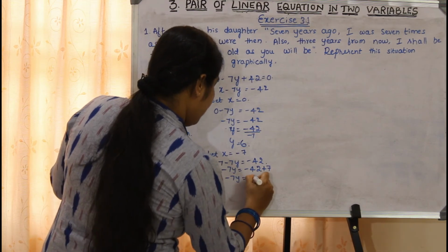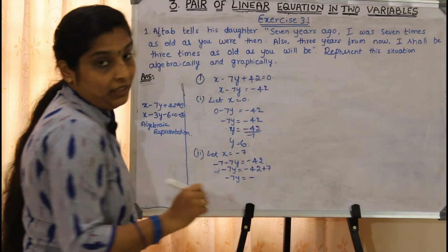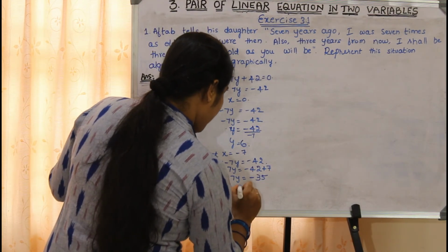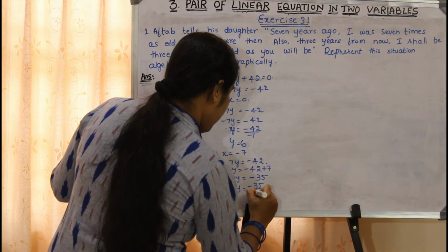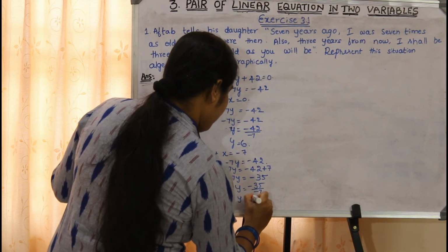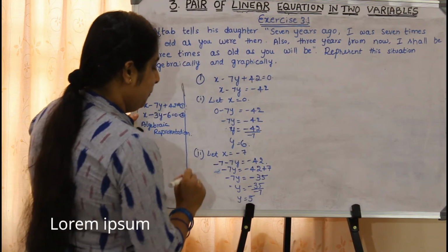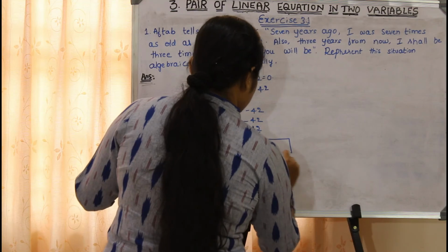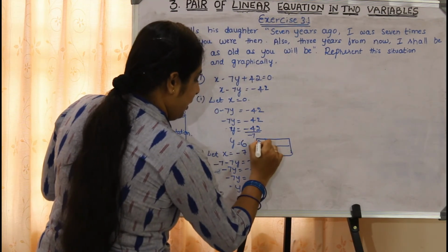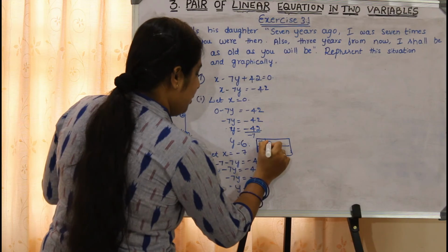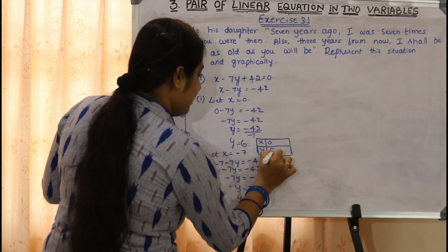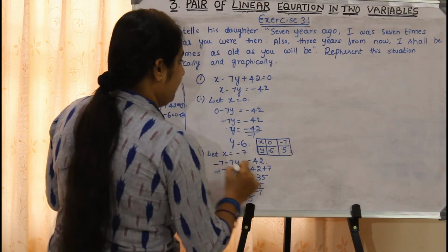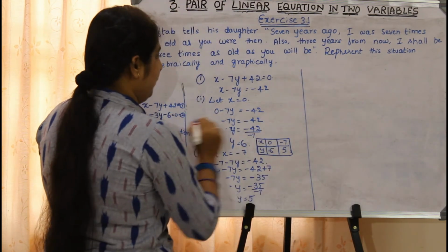Minus 42 plus 7 is minus 35. So y is equal to minus 35 by minus 7, or if you cancel, y is equal to 5. So in my box I got two values here, x value, y value. When x was 0, y was 6, and when x was minus 7, I got y as plus 5.